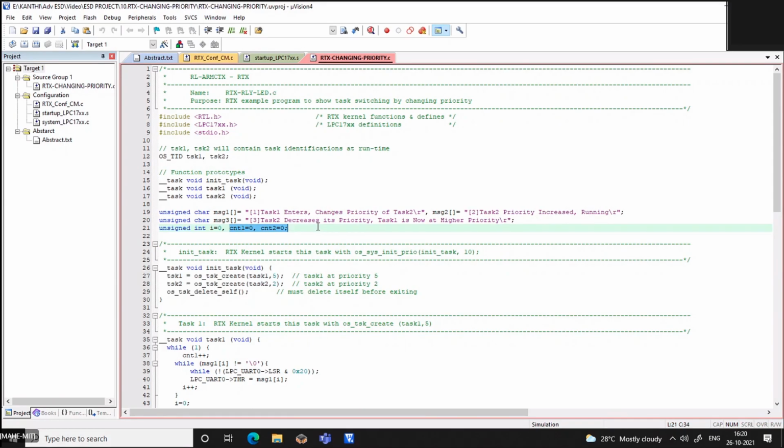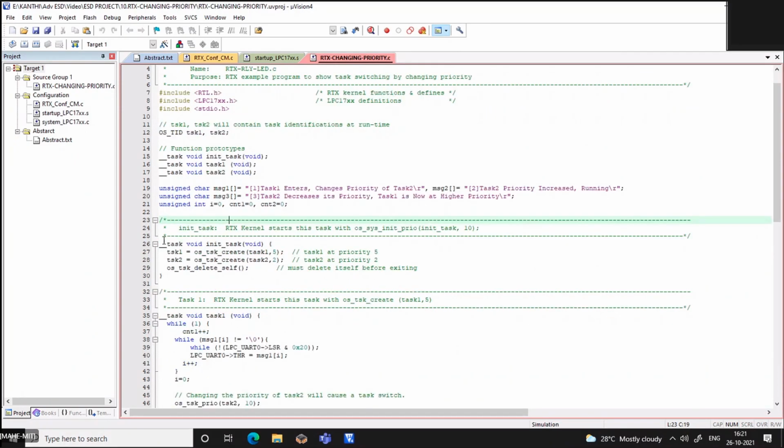Just randomly I can have a count plus plus. Okay, so in task 1 I have a count 1, and task 2 I have a count 2. Okay, and one more int variable I'm declaring, so that the message, based on the number of characters which I have, I need to note that.